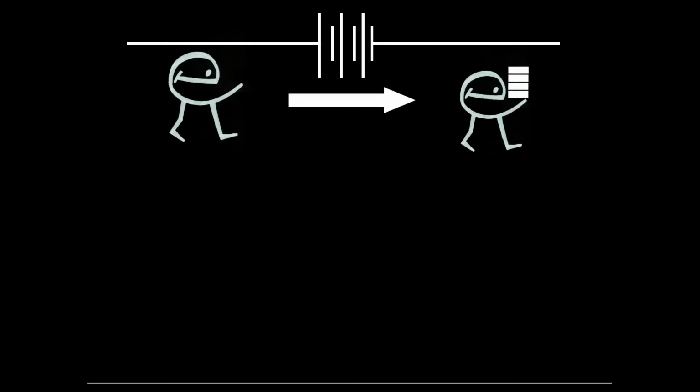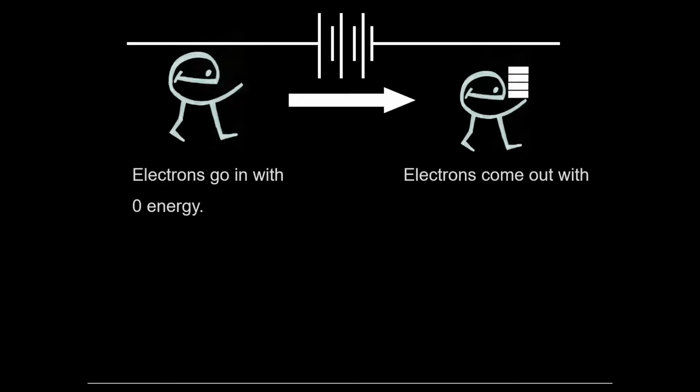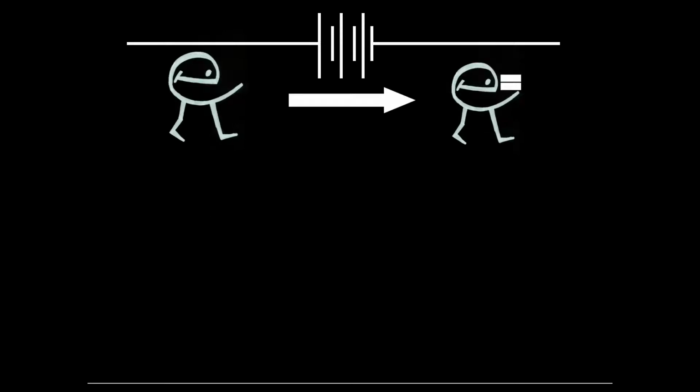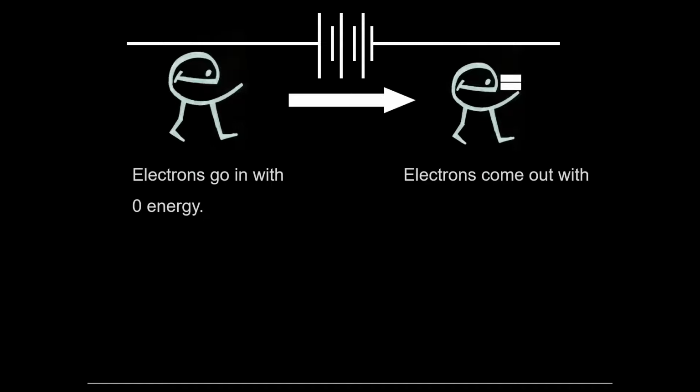So there we have an electron going through the battery, and it's coming out with a change. It's gone from 0 to 4. The potential difference there is 4. Here we can see that they're going in with 0, and the electrons are coming out with 2 bits.